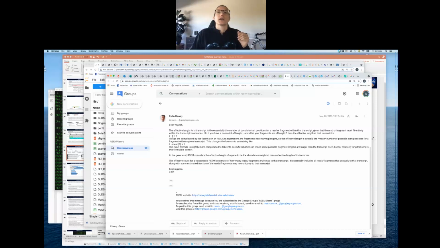So if we do that calculation, we need to take the average fragment length for each read pair that's aligning to each isoform on this gene. Do you guys remember where that information is?